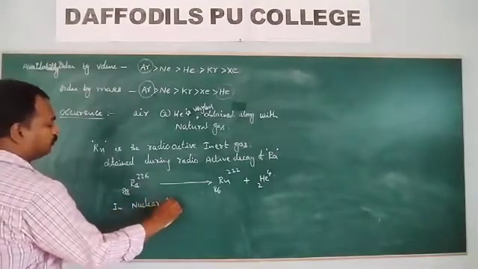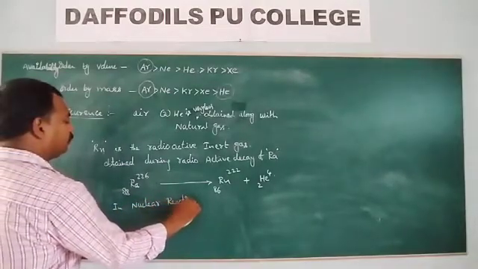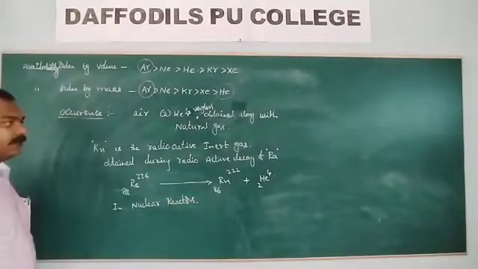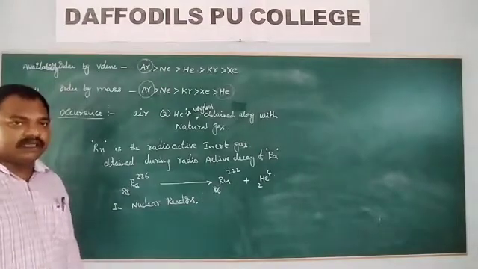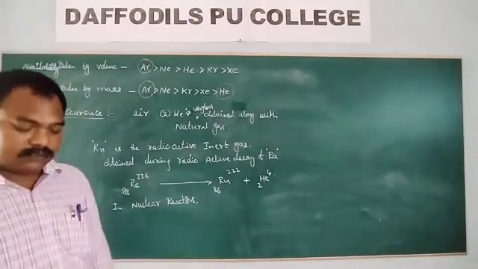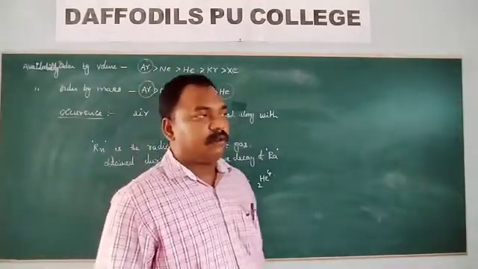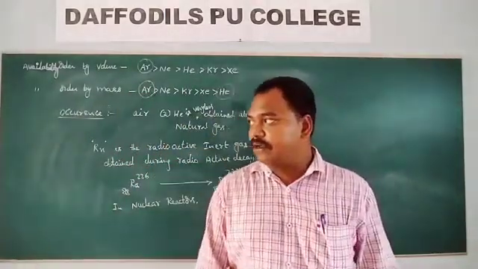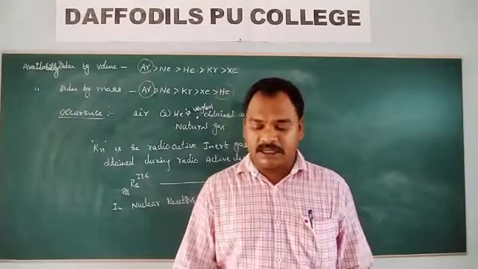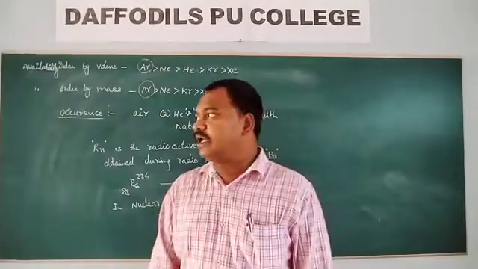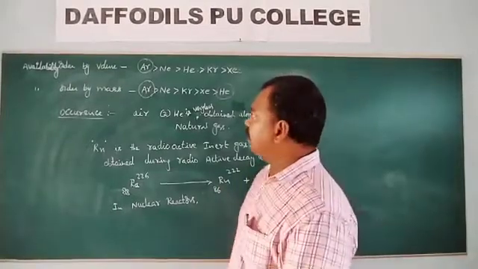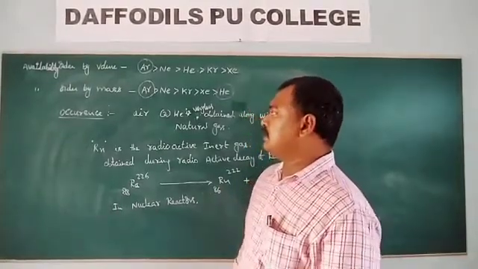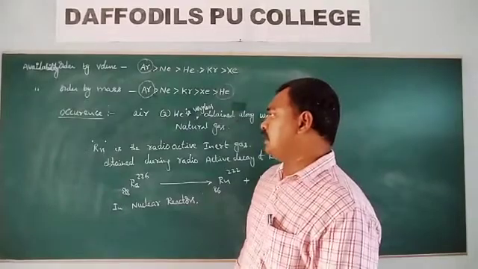So radon is obtained in nuclear reactors by the radioactive decay of radium. So this is about the occurrence of different inert gases. Which one is the highly available inert gas? Argon. The lightweight inert gas is helium.